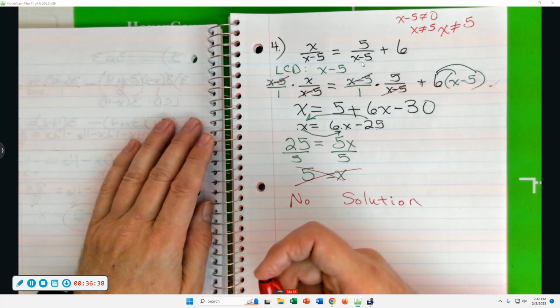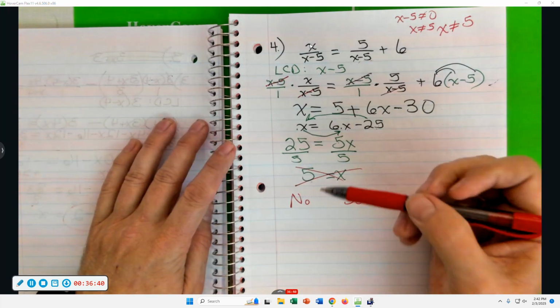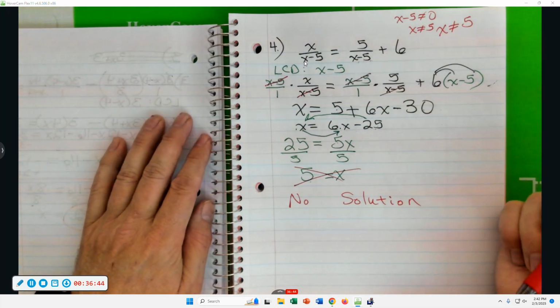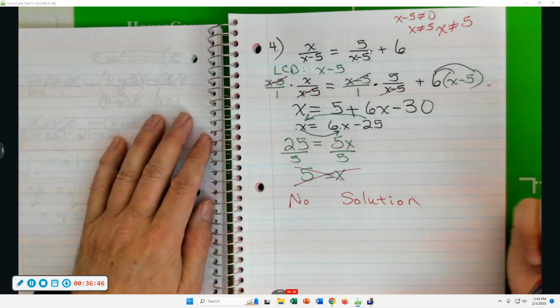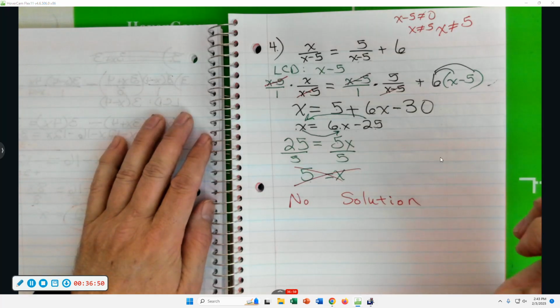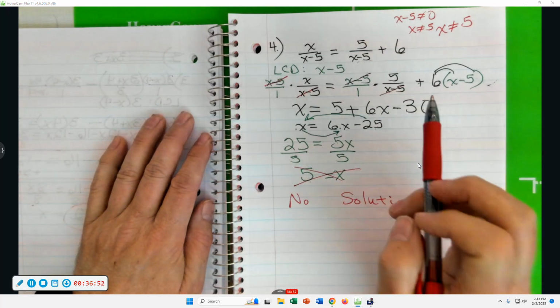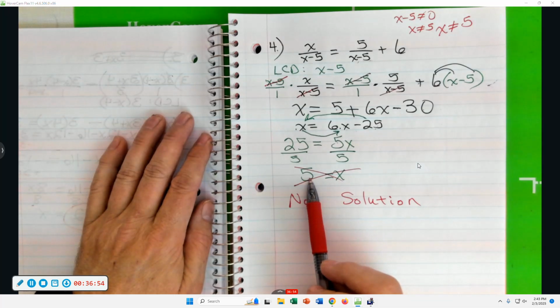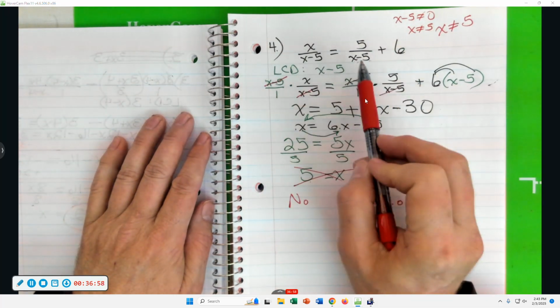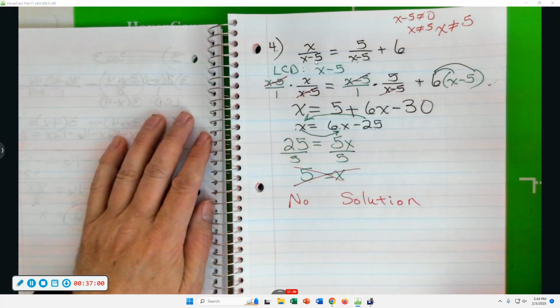Okay. Suppose we had solved this and gotten x equals 7. Would 7 have been okay? Yes. Suppose we had solved it and got 60 million. Would 60 million be okay? Yes. The only number that would have been an unacceptable solution would be 5, because 5 is the only number that gives us denominators of 0.